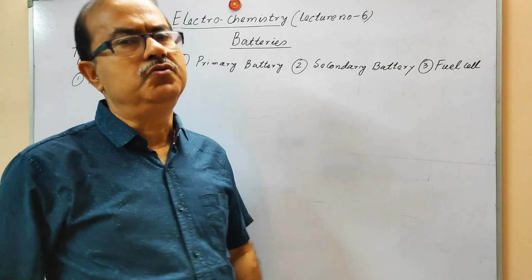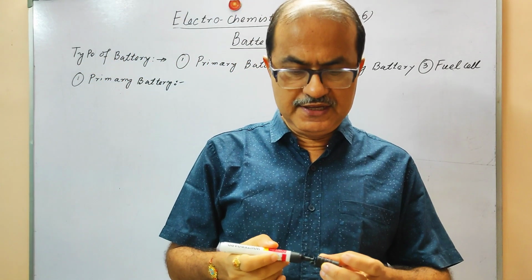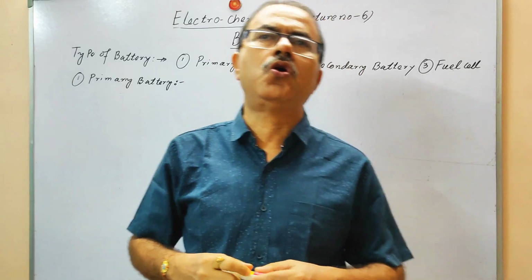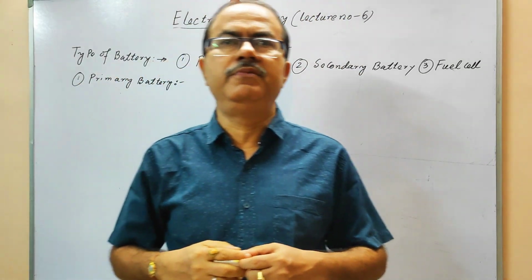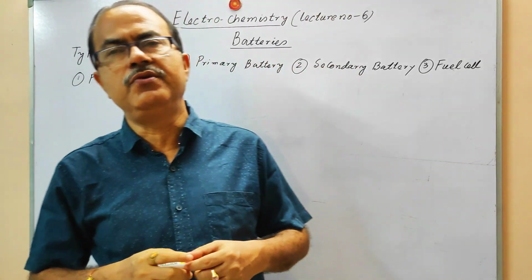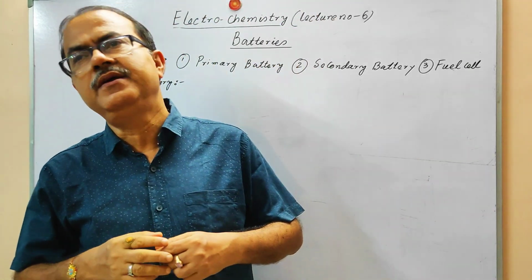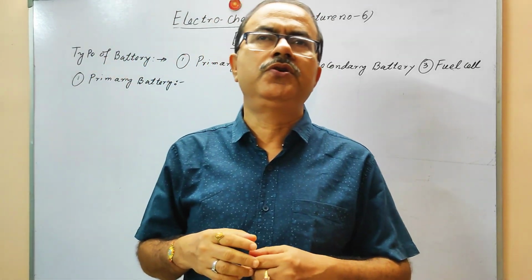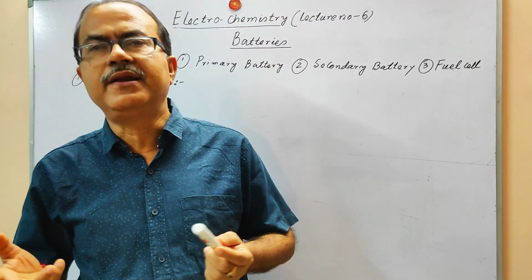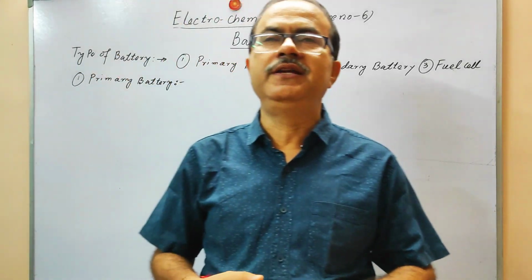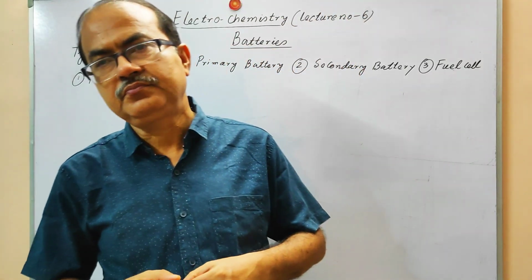Primary batteries are those batteries where the reaction occurs only once, and after use the battery becomes dead, which means that the battery cannot be recharged for reuse. Once the battery has been used, you have to throw it out. This type of battery we call a primary battery.